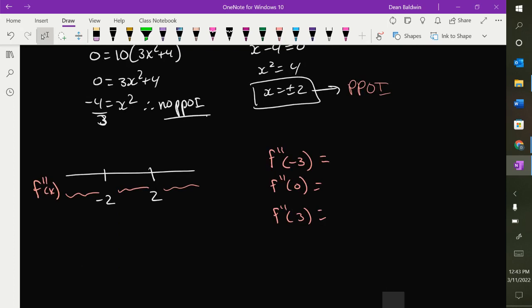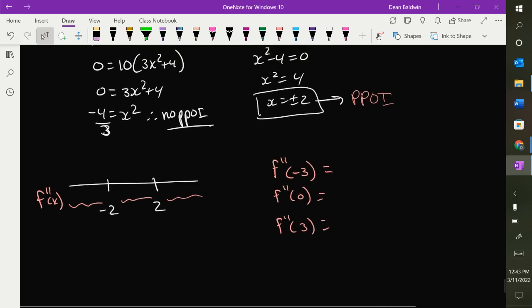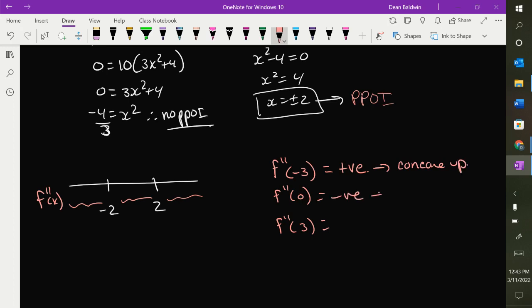Okay? If I put f of negative 3 in, I'm going to get a positive number. Please check that so that you know what you're doing. If its second derivative is positive, that means we are concave up. If I put 0 into that, I get a negative number, which means we are concave down on that interval.